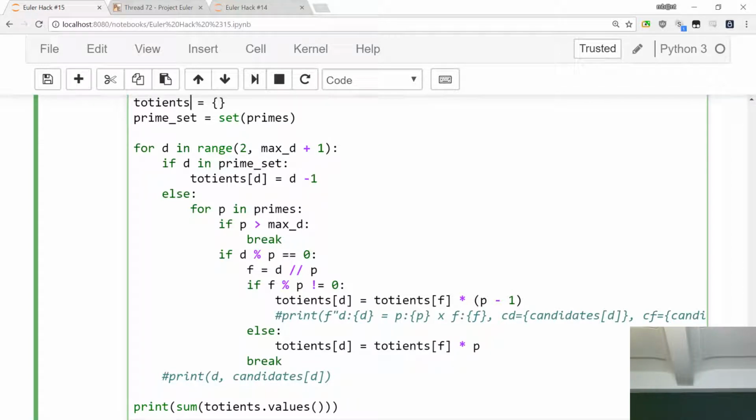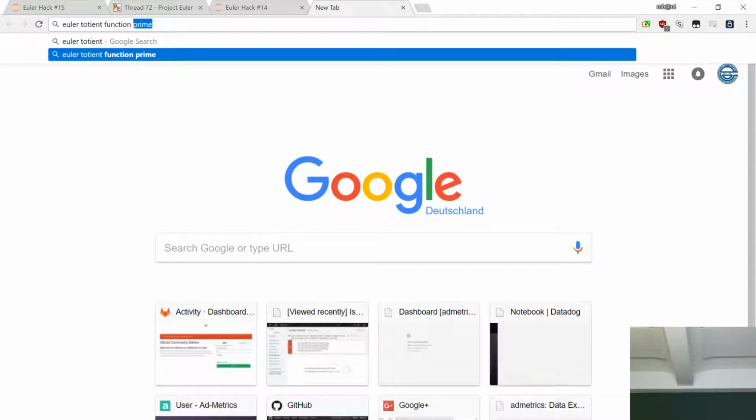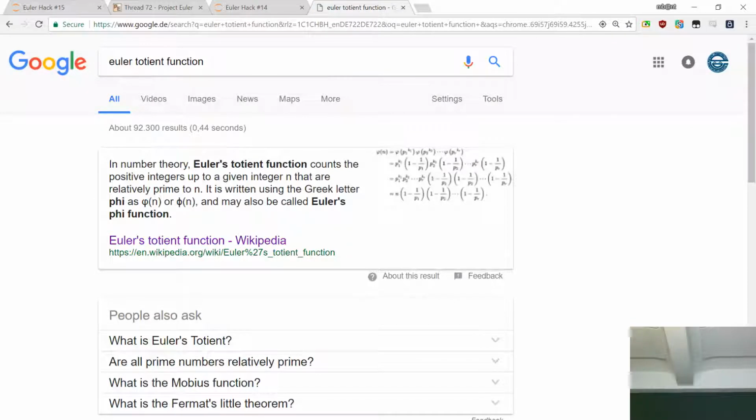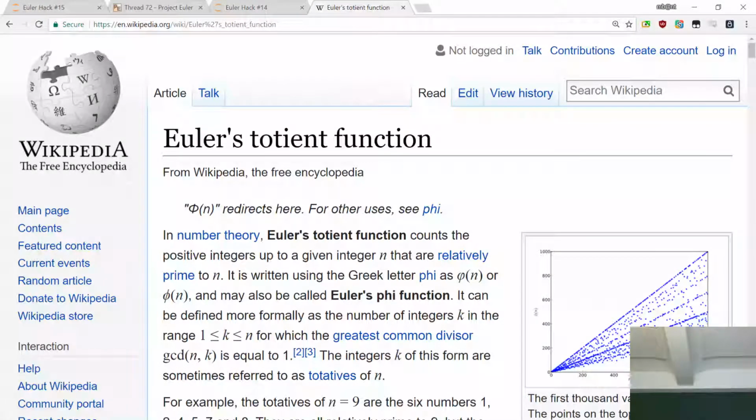The number of co-primes. But that's phi. Yeah, look up the previous totient. The positive integers that are relatively prime. Okay, it is the same. Fair enough. Potato, potato.